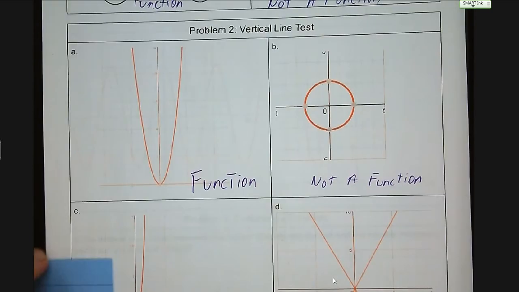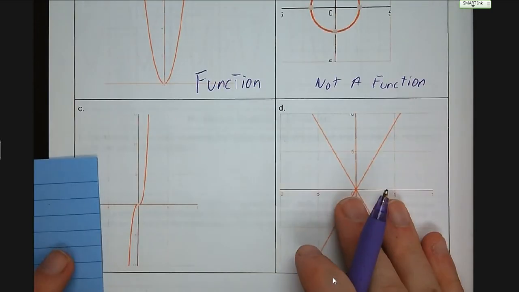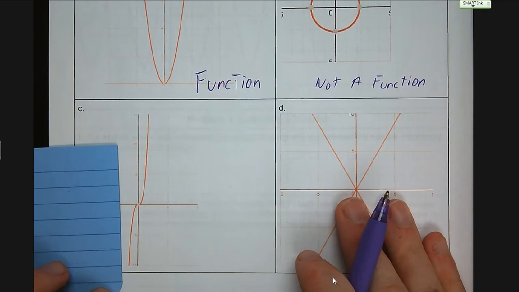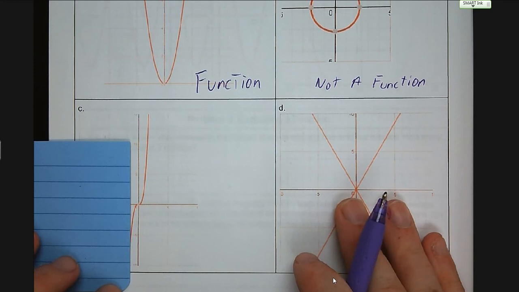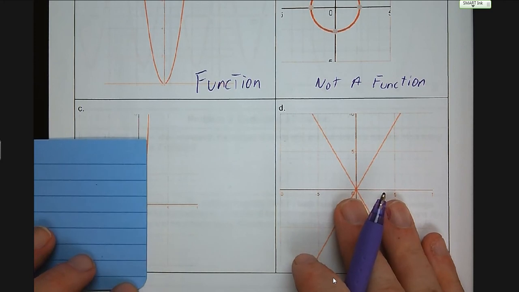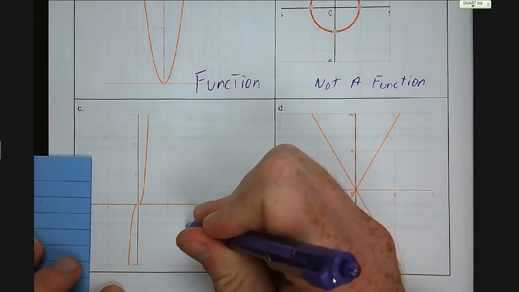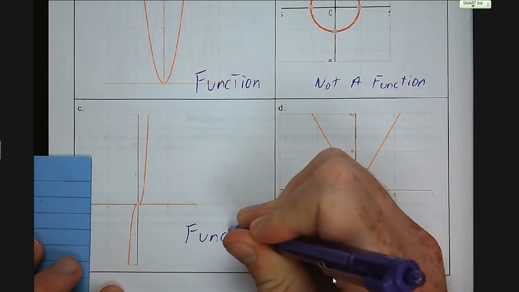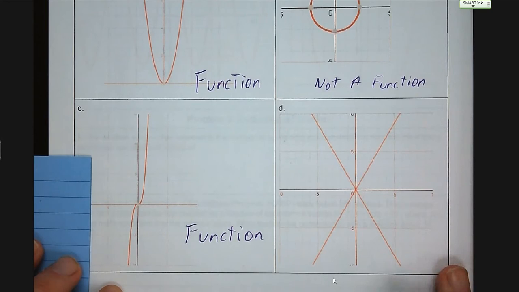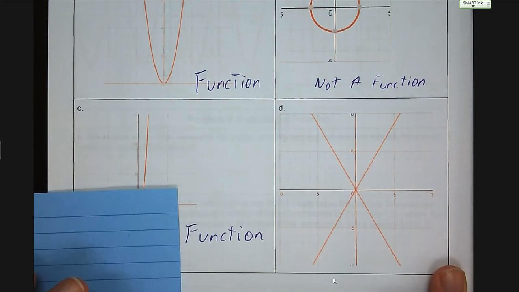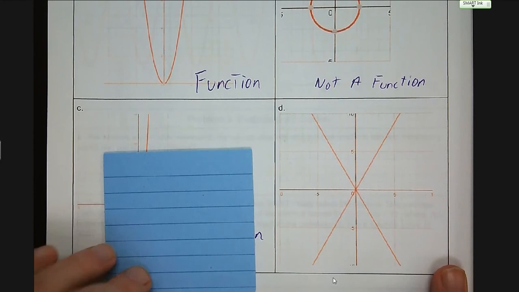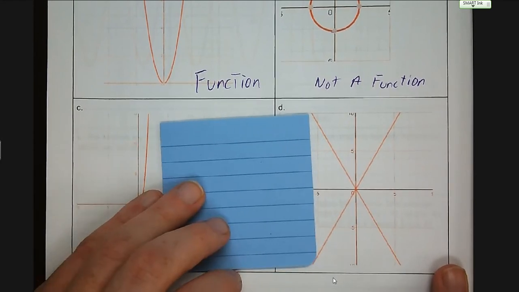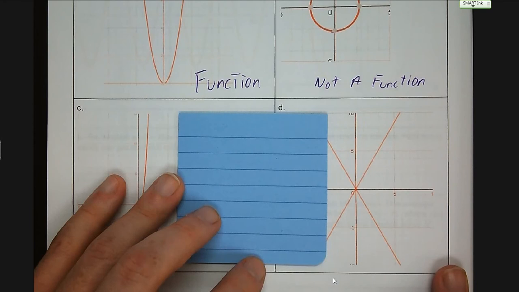All right, how about letter C? We have a curve. This is a cubed graph. So as I go across, it looks like I'm only touching at one point at any spot on that graph. So this is a function. Letter D, we have, not even sure what would create this, but it would be something absolute value related.